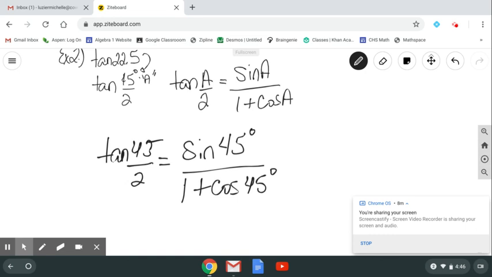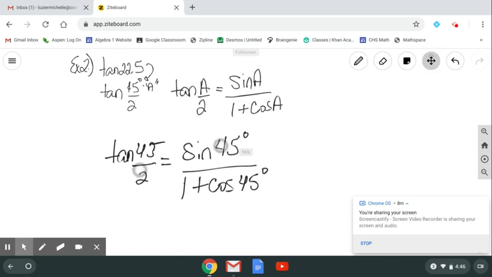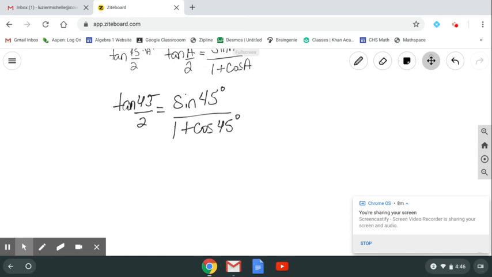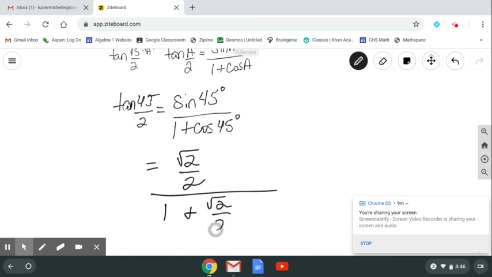The sine of 45 is radical 2 over 2. We've done that with our other identities. You should use your special right triangles. So the sine of 45 is radical 2 over 2 divided by 1 plus radical 2 over 2.